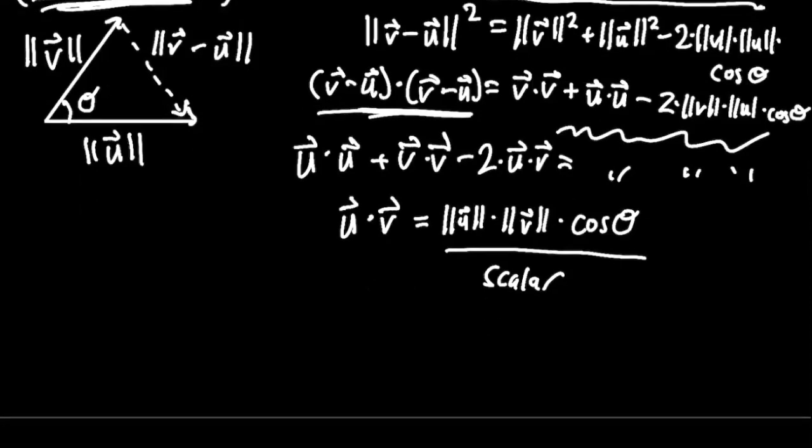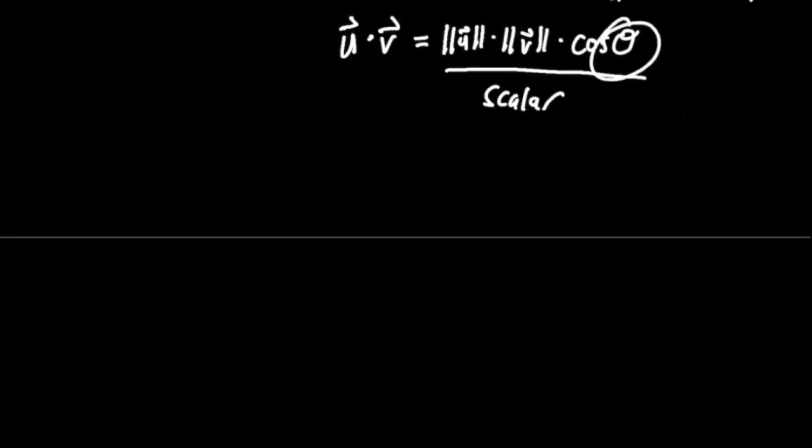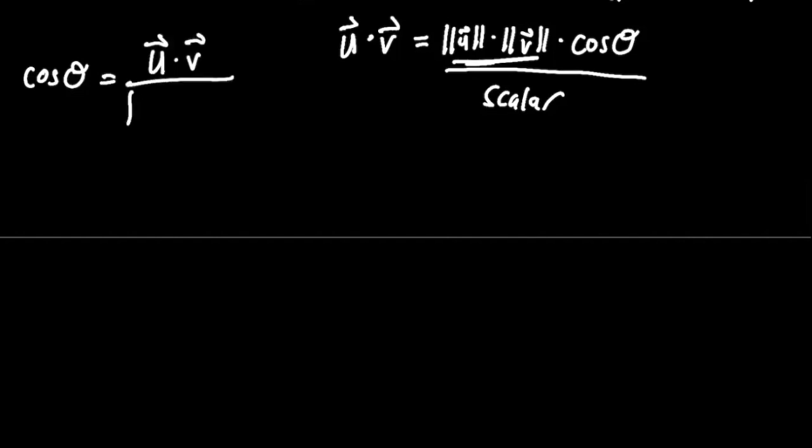We can also use this equation to find this angle between vectors if we know their dot product and their lengths by moving around and just dividing both sides by those magnitudes. So the cosine of theta, the angle between two vectors, is equal to the dot product between those vectors divided by the magnitude of the vectors multiplied by each other.